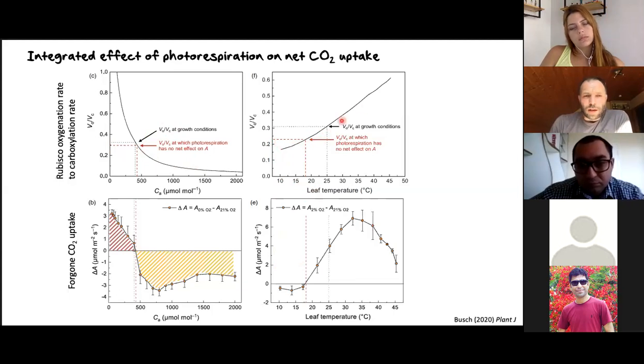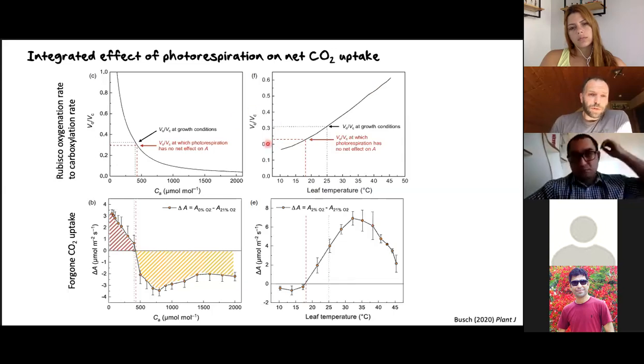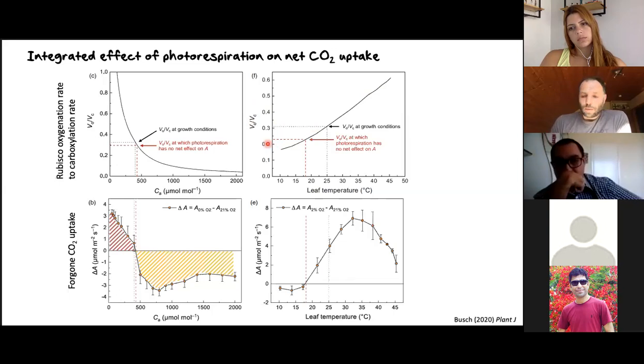And then again, as you increase your oxygenation rate, it becomes more and more problematic for the plant. But what we can say is that a ratio of VO over VC of, let's say, 1 to 4 is beneficial to the plant. So some photorespiration is actually quite beneficial for the plant.